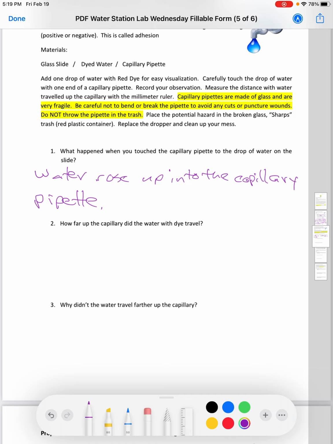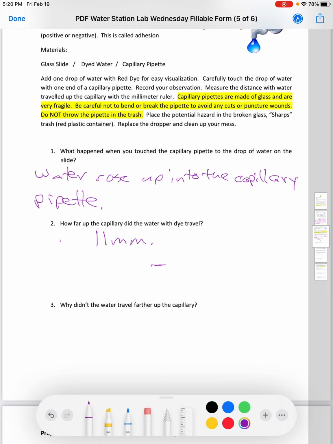And when I measured it, different people got different results, but the capillary dye traveled a little more than a centimeter. In fact, it traveled 11 millimeters. That's a pretty good distance. That's about that far for the water to rise.